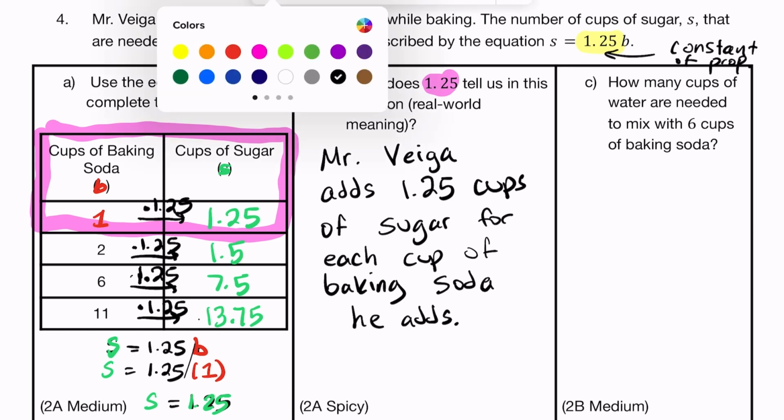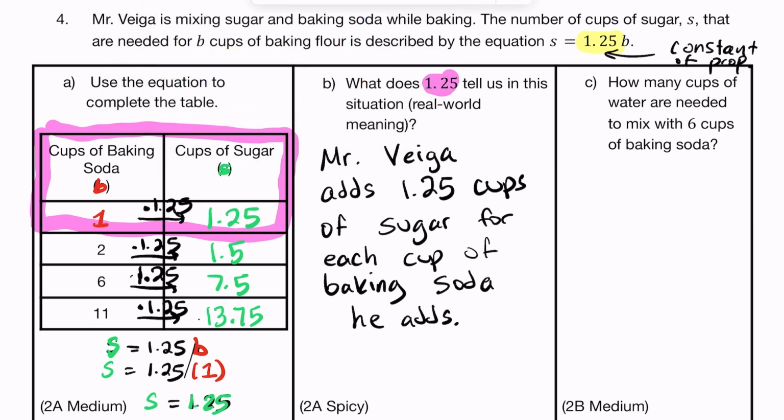All right, and then finally, how many cups of water are needed to mix with 6 cups of baking soda? Okay, so here I'm going to use my equation. I have that S equals 1.25 times B. I am told here 6 cups of baking soda. So my baking soda we have here in red. Okay, 6 cups of baking soda is what I'm told.